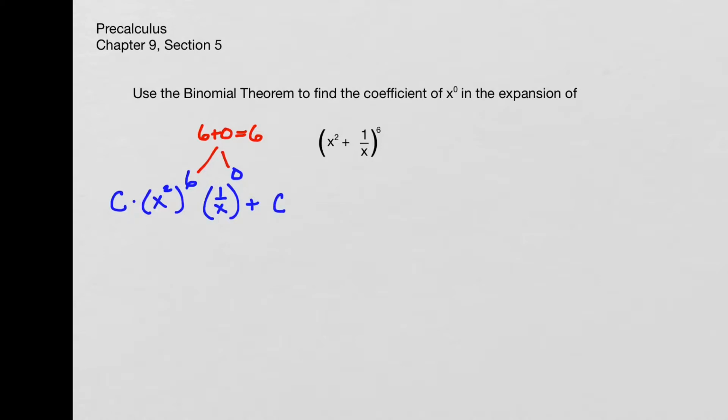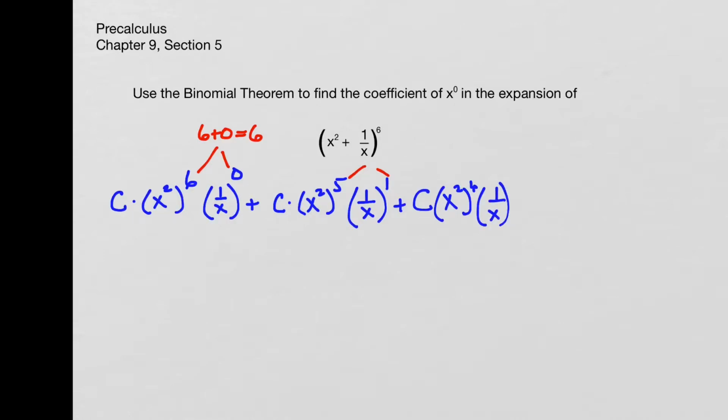Plus some other constant times x squared to the 5 times 1 over x to the 1. And again, that adds up to 6. Plus constant times x squared to the 4 times 1 over x to the 2.